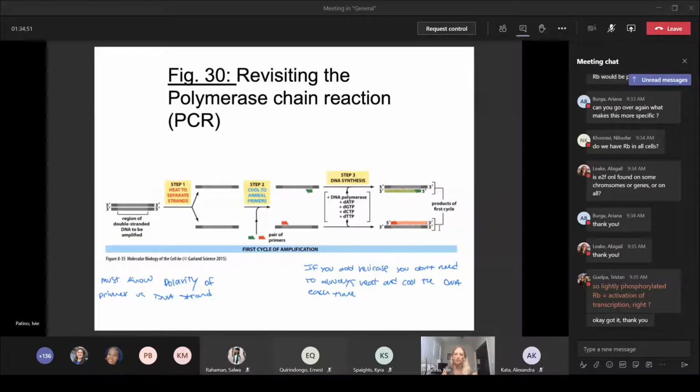If we look at this bottom strand all the way to the right, we said that was 3' to 5'. That means our primer will bind over here on the left and synthesize from 5' to 3'. So it has to be opposite on the top strand because they are anti-parallel. Just keep in mind the orientation of how our DNA polymerase is working here.